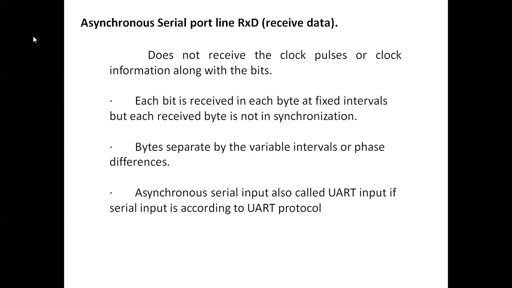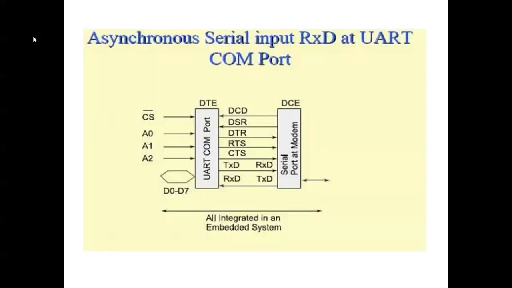Each byte is received at a fixed interval, but each received byte is not in synchronization. That is called asynchronous. So bytes are separated by a variable interval or phase difference. Asynchronous serial input is also called UART. The serial input is according to the UART protocol. So asynchronous serial input RxD at the UART COM port.